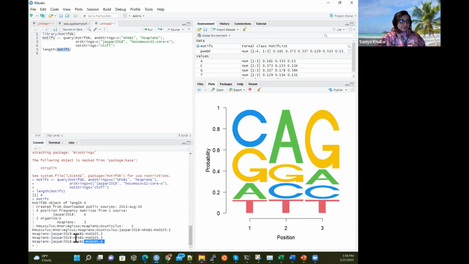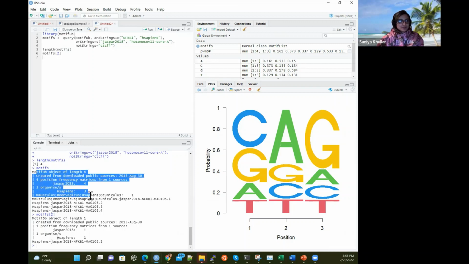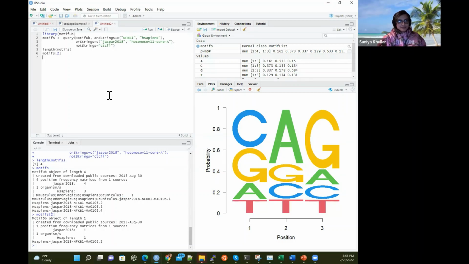The 4 motifs that we find here are Mus musculus, Homo sapiens, Homo sapiens, Homo sapiens. So I want to look at motifs, and then maybe I can look at the second one, which is over here, Homo sapiens, Jaspar. So this shows you that there are 2 organisms if we look at motifs. One is human, and the other is Mus musculus and human, and then a Rattus as well.